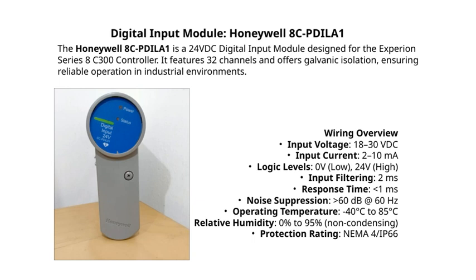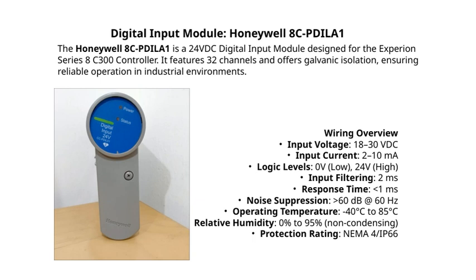The protection rating is NEMA4IP66, meaning it's well protected against dust, water, and other environmental factors, ideal for harsh settings. Finally, the module itself is the Honeywell 8C-PDILA1, a 24-volt DC digital input module designed specifically for the Experion Series 8 C300 controller.